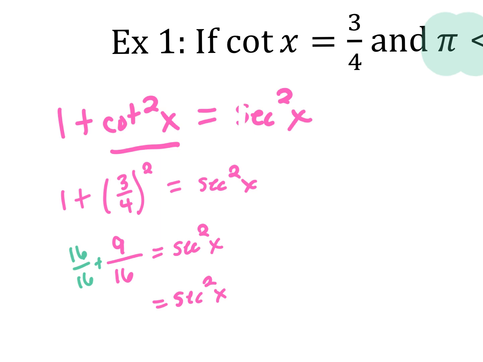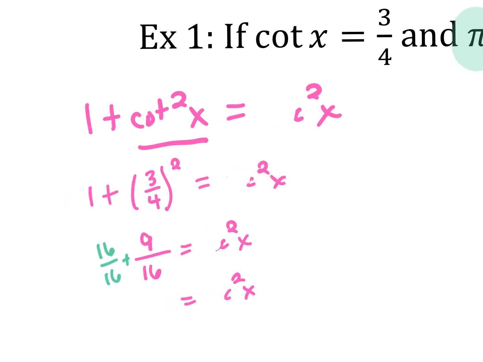Mrs. Ireland, get with it. That's bad. Thank you very much, Larry. All right, 1 plus cotangent squared is cosecant squared. 9 plus 16, we get 25 over 16.